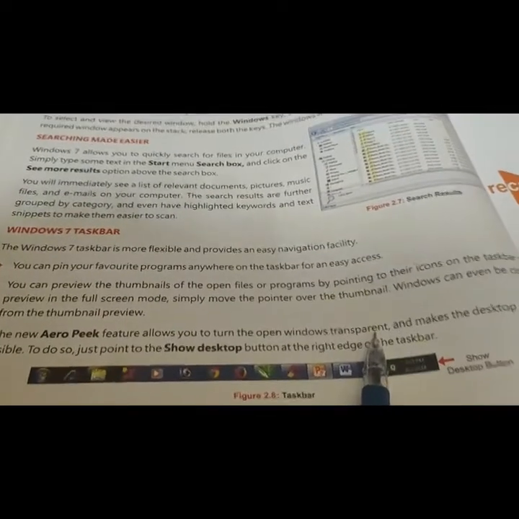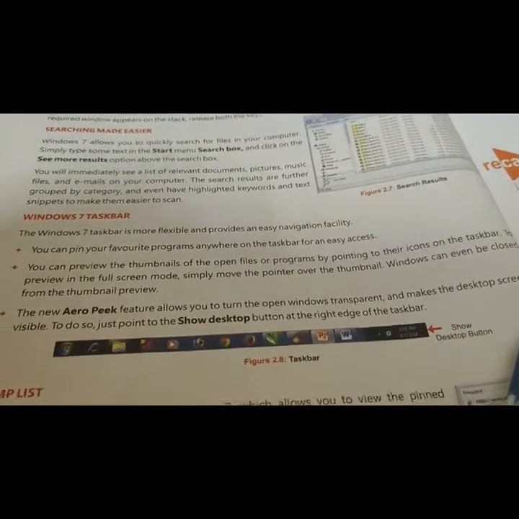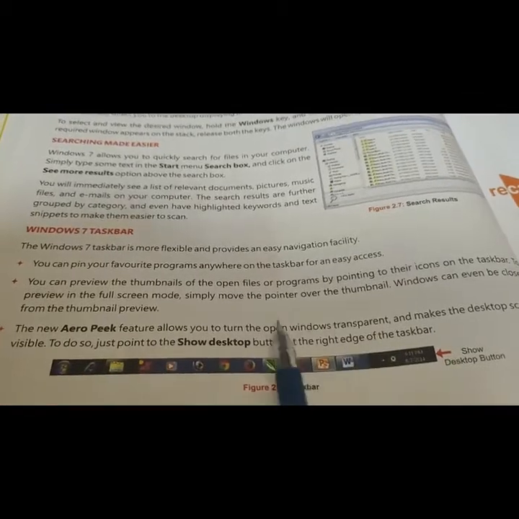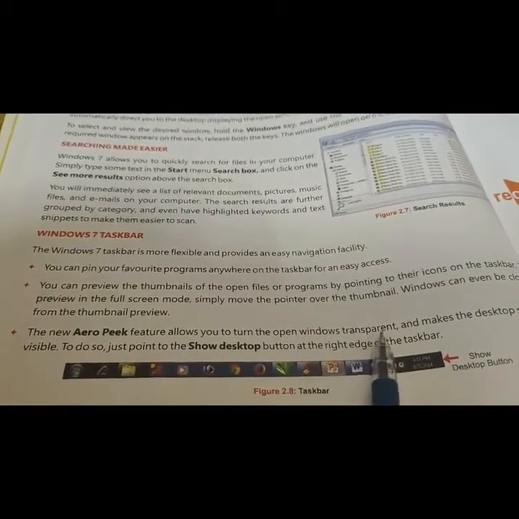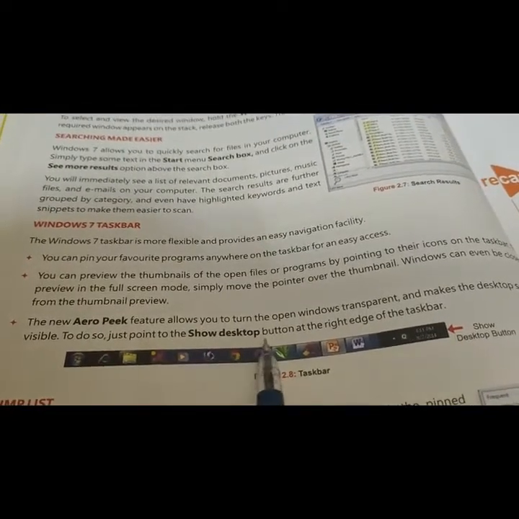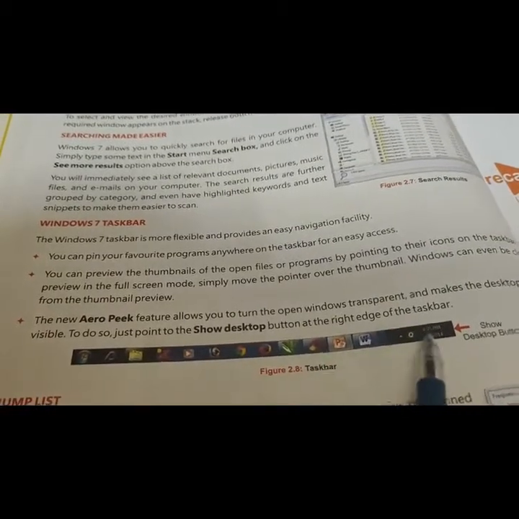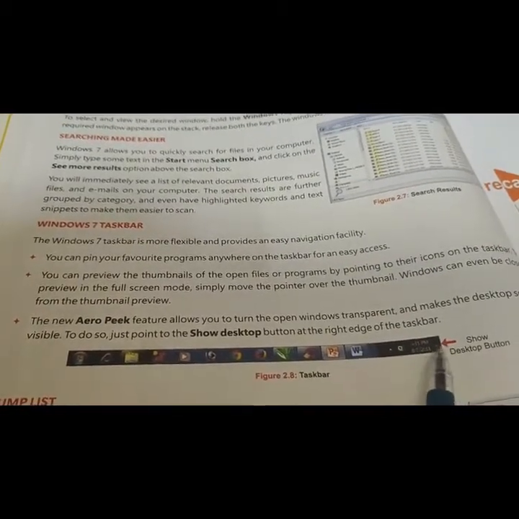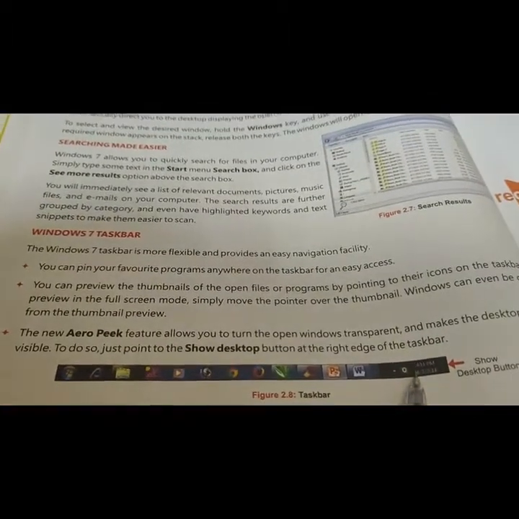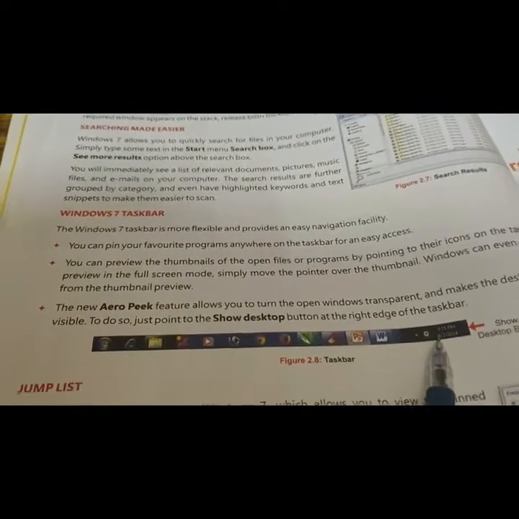If your windows are transparent, you can see the desktop screen, but you cannot see your current window because it becomes transparent. This is the Show Desktop button. When you choose it, you can see all the icons and windows present here.